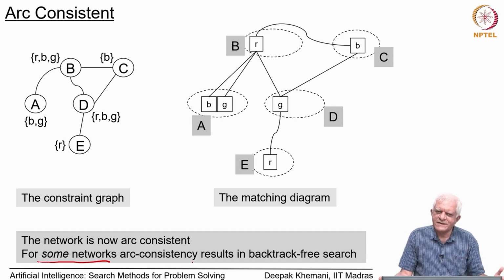Now, arc consistency is enough if your network has the topology of a tree. Of course, this network that we have drawn is not a tree, but for networks which are trees, it can be shown that arc consistency is enough, and perhaps you can take it up as a small exercise and verify for yourself that that is the case, but we will not go into all those details here.